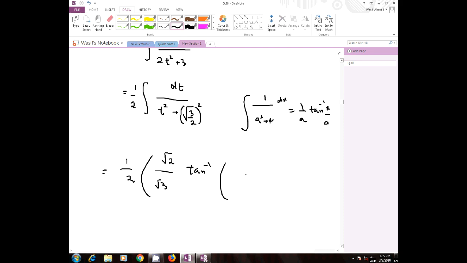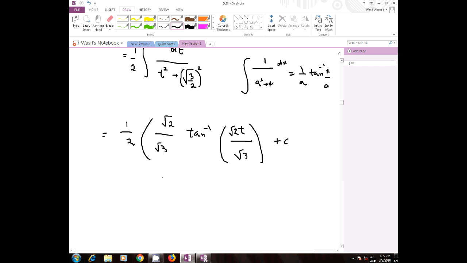Since x is equal to t and a is equal to square root 3 divided by square root 2, plus the constant of integration. The 2 and square root 2 get cancelled, and in the denominator you have 1 divided by square root 2 multiplied by square root 3, and this is equal to square root 6.